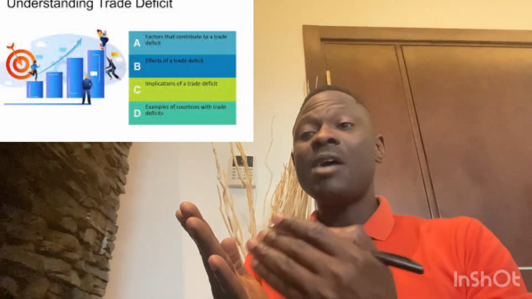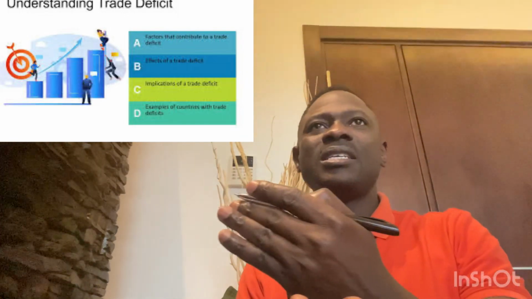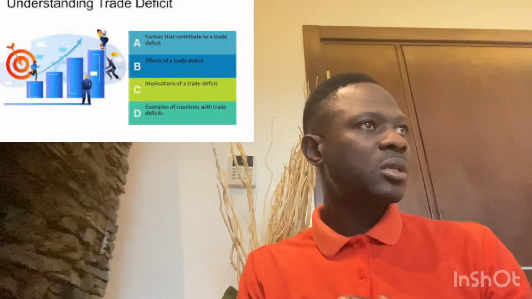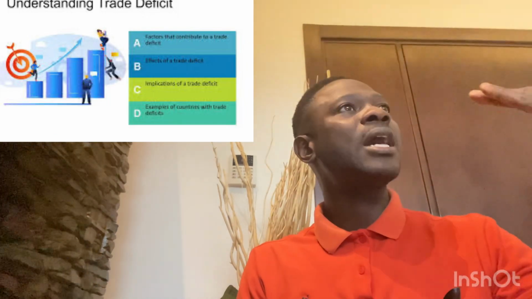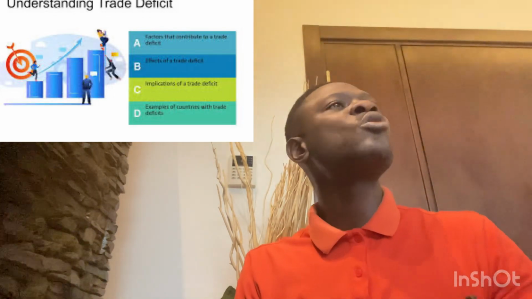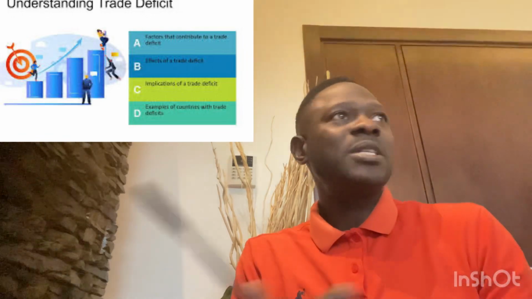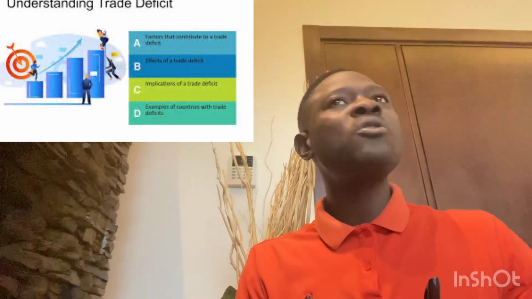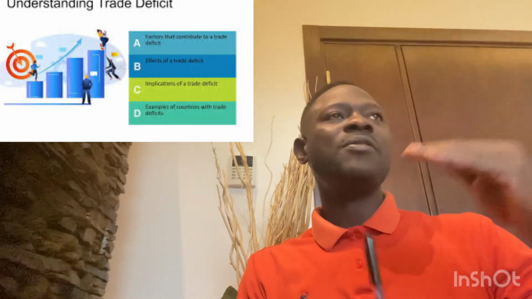So one of the reasons we could have a deficit is the elasticity of imported goods. If the prices of imported goods are high, but those are goods we can't do without, it means irrespective of the price, we have to buy. So continuous purchasing of those goods will bring about a trade deficit.